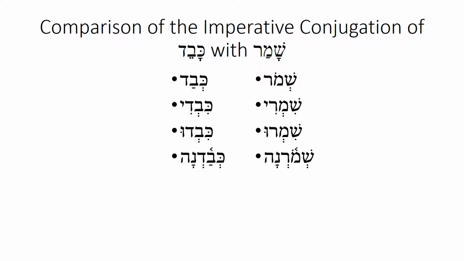Shemorna goes to kevadna. And again, we might be expecting kevodna in the imperative, but because this is an E-class stative verb, that holum is converted to a patha. Okay.